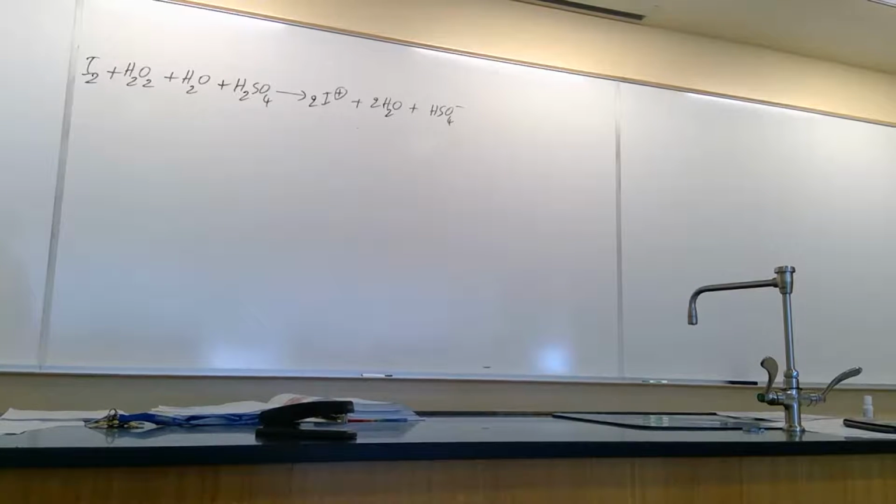If you want only one monohalogenated, you have to limit the amount of halogen and put a large excess of benzene. So benzene must be in large excess, and the halogen would be a very limited amount. If you put a 1-to-1 ratio, the reaction goes crazy, and you're going to end up with many, many products. So you have to have the benzene in large excess and the halogen in small amount.